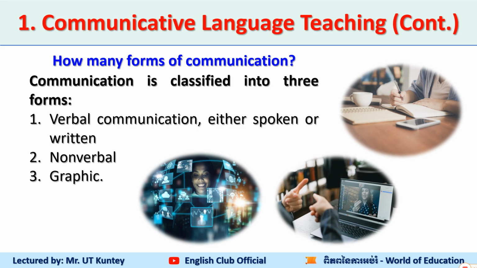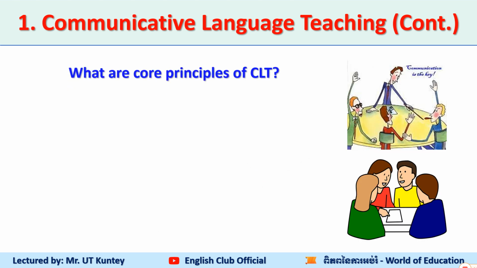You get the point? So graphic refers to any signal that makes the learner understand the meaning from the sign or signals. Okay, you get it? So these are the 3 forms of communication. Next point, the question is, what are the core principles of CLT?